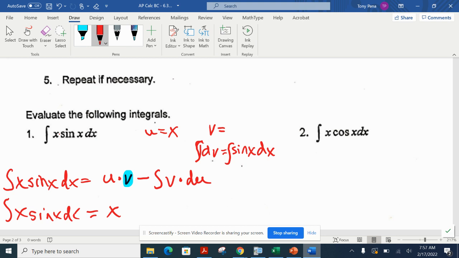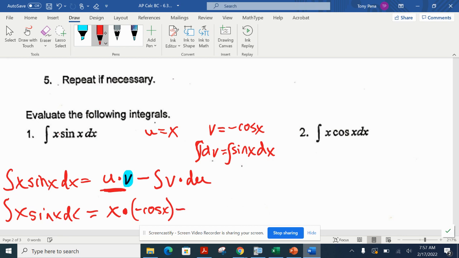So then the antiderivative of 1 dv would just give us a v. And then the antiderivative of that right-hand side would be equivalent to a negative cosine of x. So if our formula is u times v, then what I am now doing is taking this u, which was x, multiplying it by the v, which we just found to be a negative cosine of x.